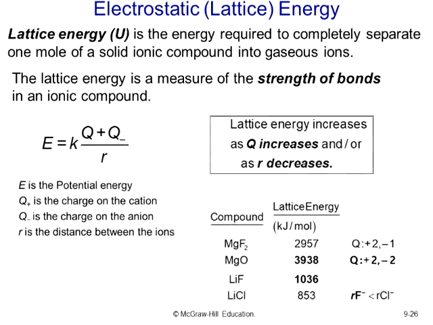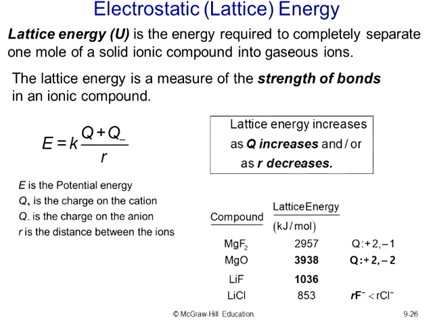In terms of bond strength for ionic compounds, we think of what's called the electrostatic lattice energy. So what is lattice energy? Lattice energy is the energy required to completely separate 1 mole of a solid ionic compound into gaseous ions.